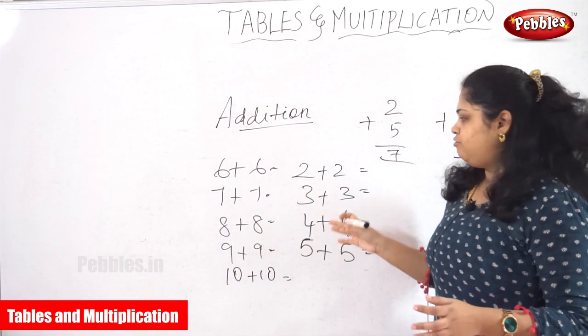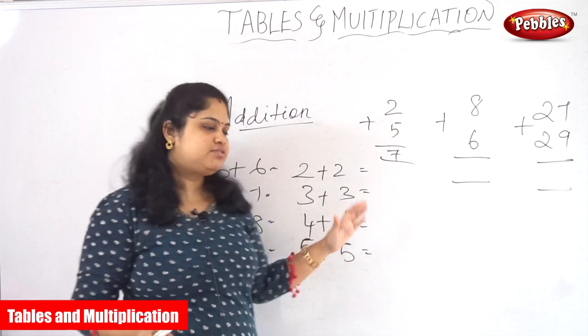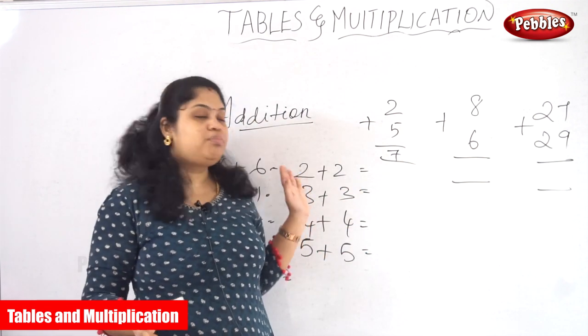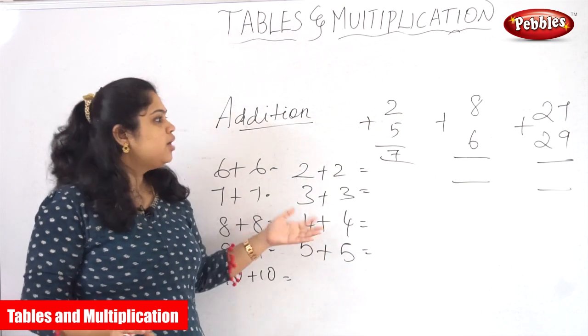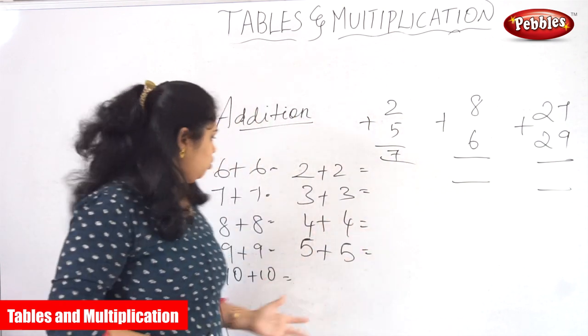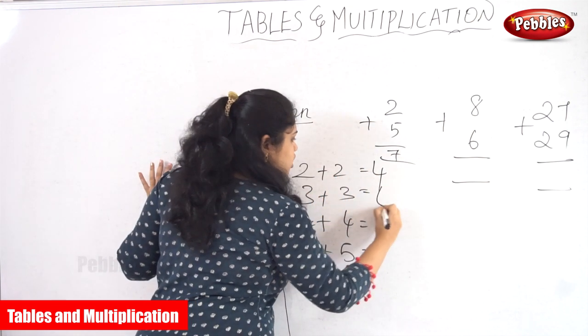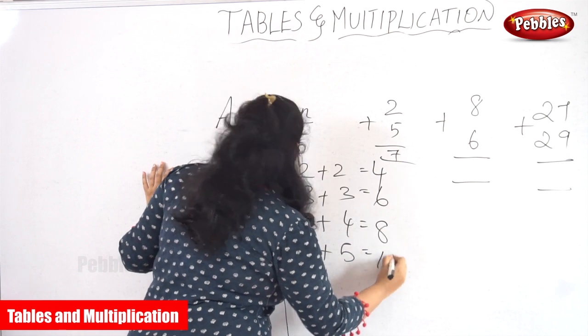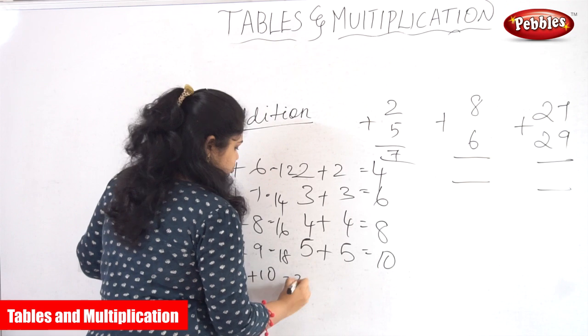Once you are well versed in these, for example 2 plus 2 is 4, 5 plus 5 is 10, 4 plus 4 is 8, 3 plus 3 is 6, and you are fully thorough, I'm writing the answers: 4, 6, 8, 10, 12, 14, 16, 18 and 20.